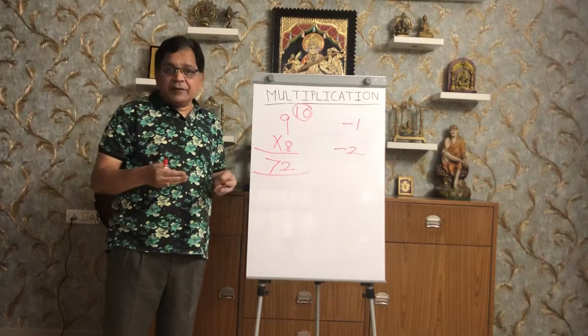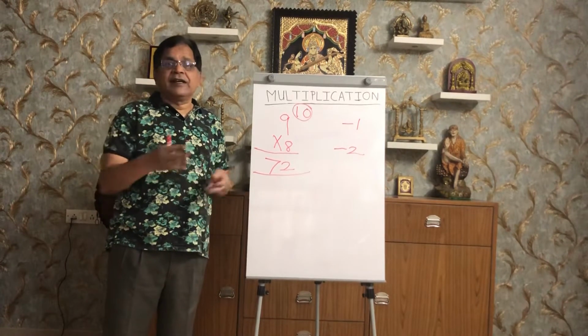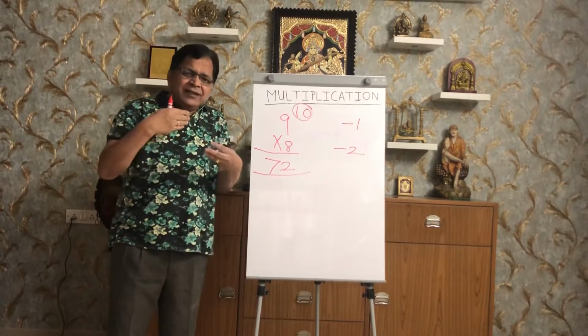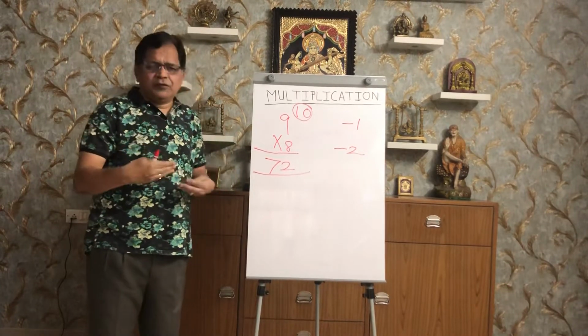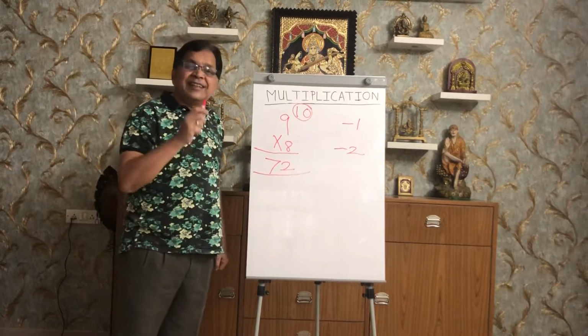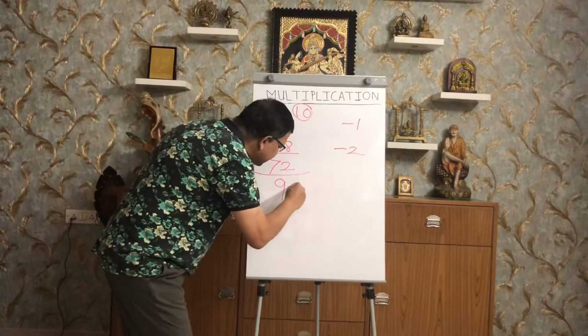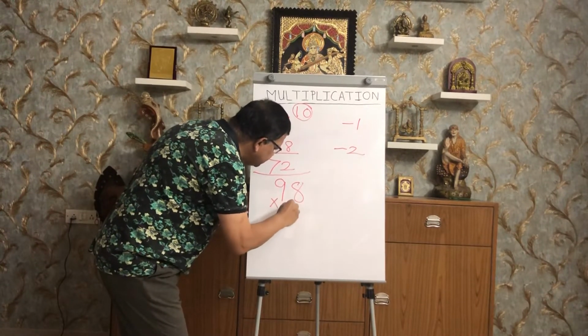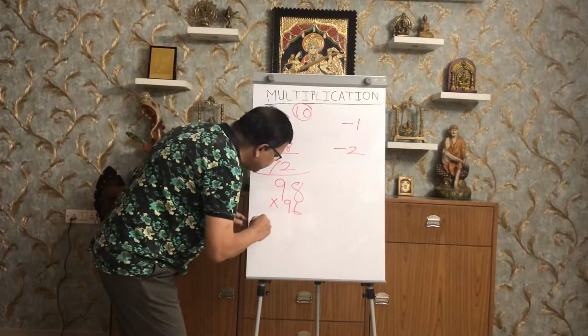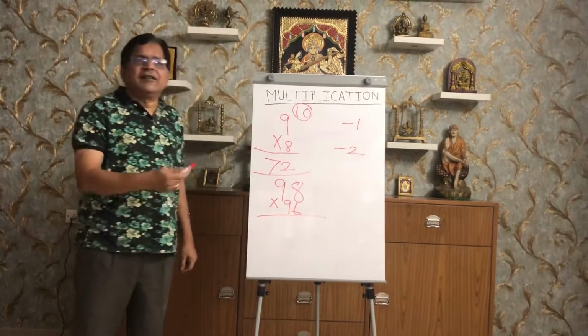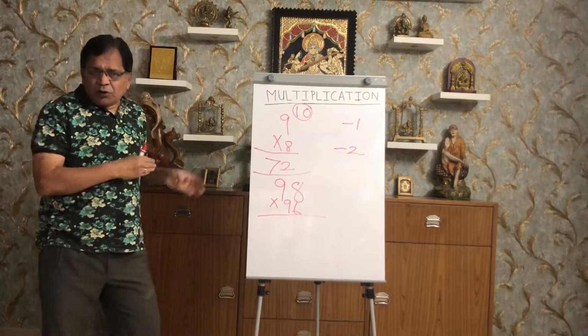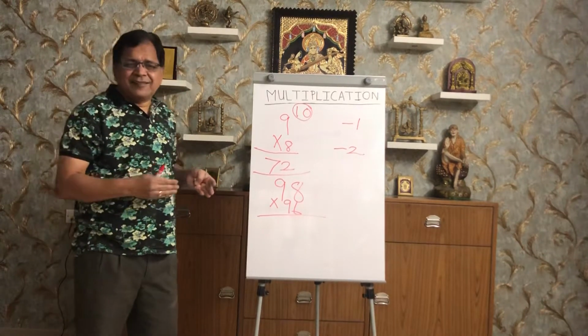You may be wondering, why am I teaching you in a very difficult and lengthy process? Let's repeat the same process for multiplying two numbers, 98 into 96. Now if you look at both these numbers, the closest number to both 98 and 96 is 100.